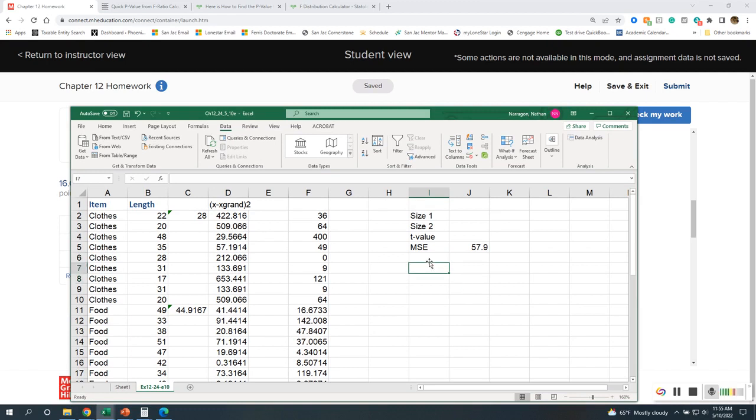Now, we also need to know the means. But we're going to go ahead and put that formula in. You know it's x1 minus x2. So that's the one that we got.